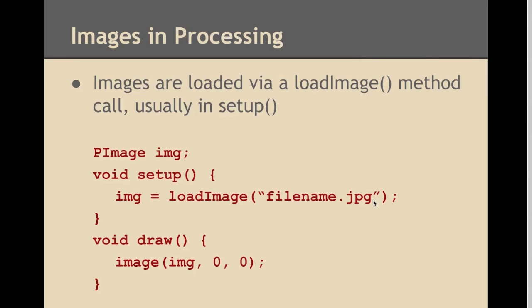That method creates the PImage object and returns it, storing it in this img reference. Since this is a class variable, it can be seen not only in setup but also in draw, and in this particular case we show the image with the image method call.